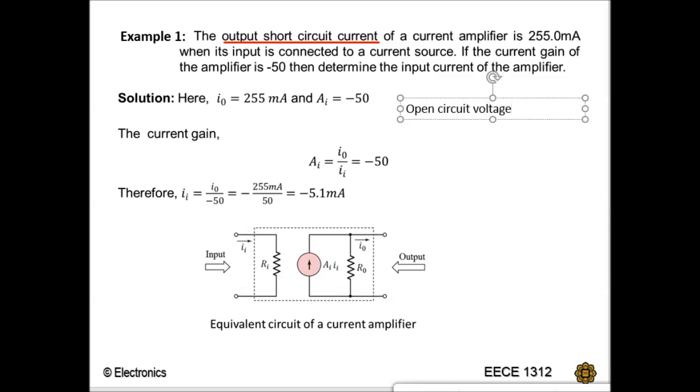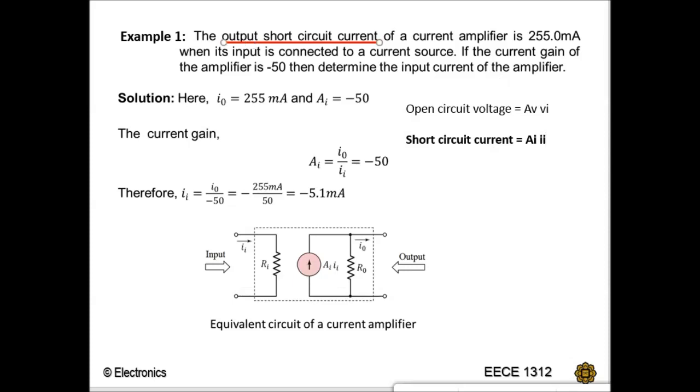When we read this open circuit voltage, we are referring to AvVi. Similarly, if we are talking about the short circuit current, when you are referring to current amplifier, short circuit current is referring to AiIin, okay, Iin.